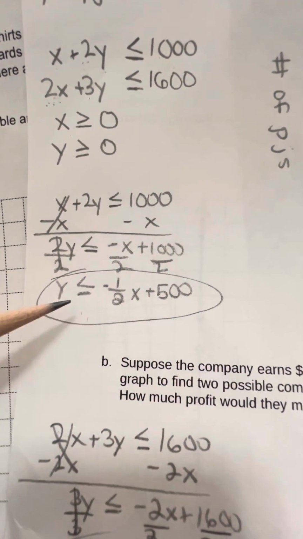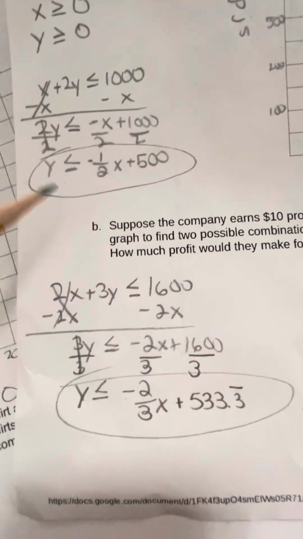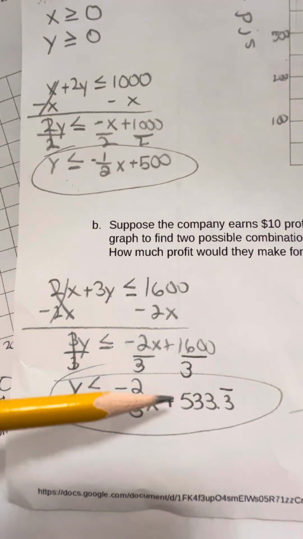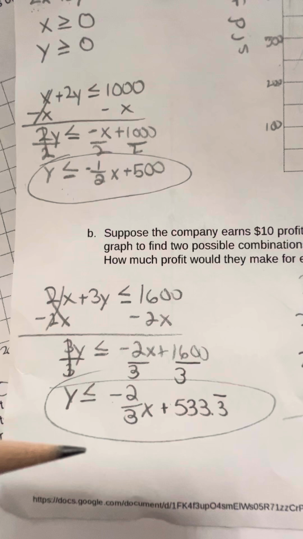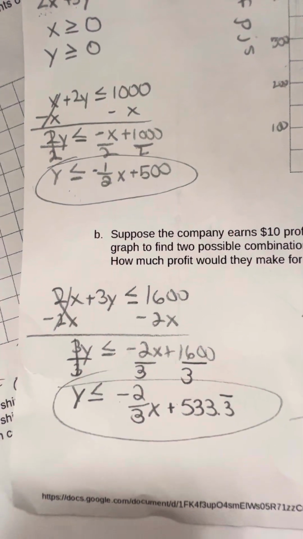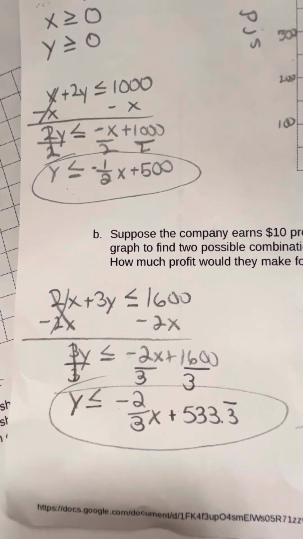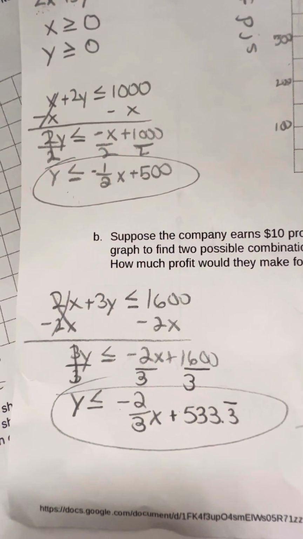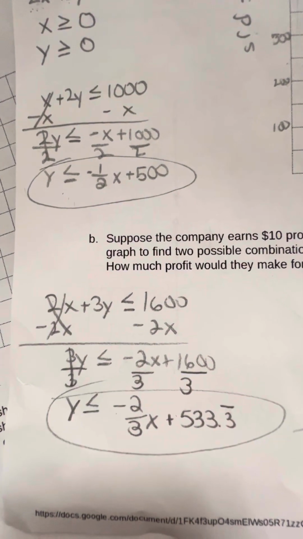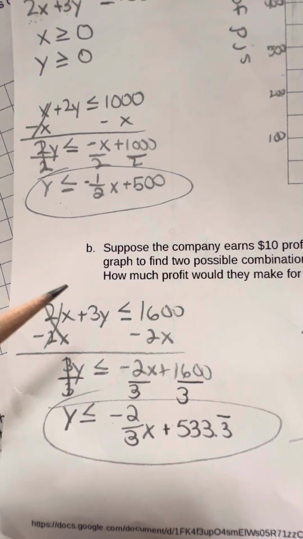This one would have been fine to use. But when I did the second inequality, down here, we ended up with a weird number, 533.3 repeating. That's just a terrible number to start with. And then having to use -2/3 on the graph, the way that we've got this labeled, it's just not a great fit.